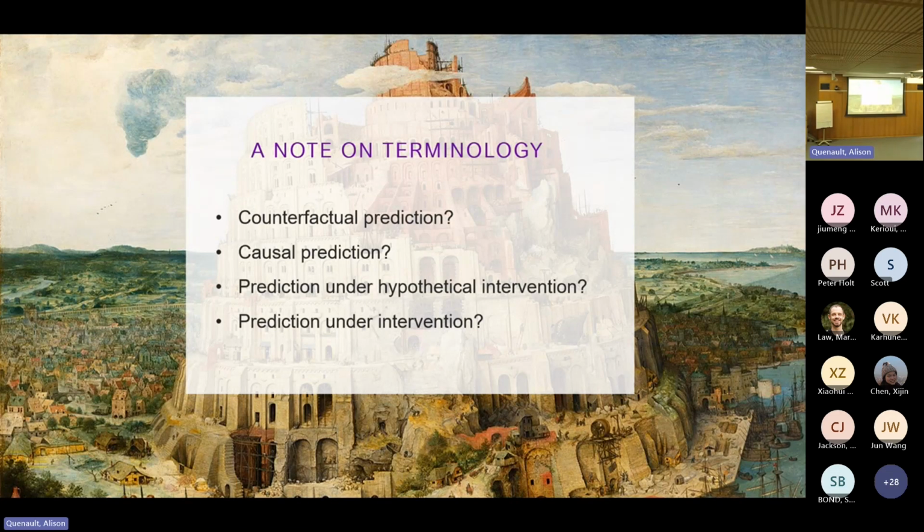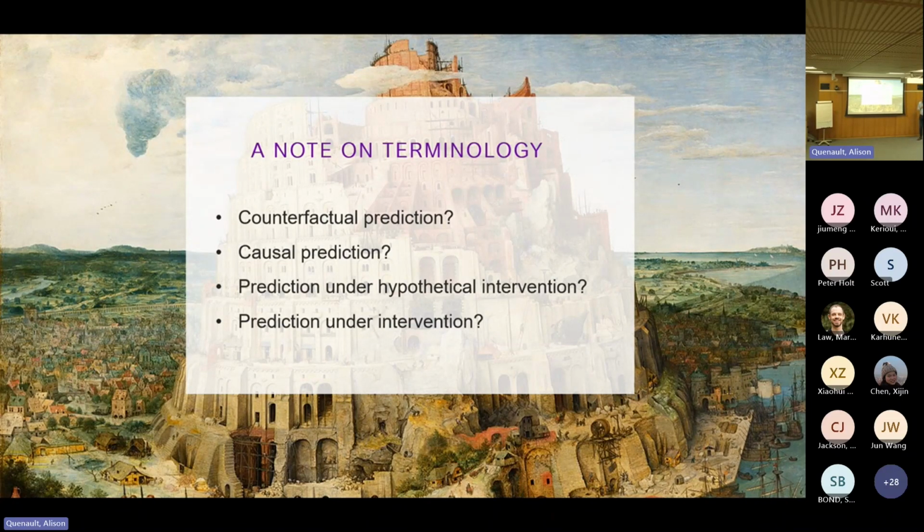But just a note on terminology. At that workshop, we had long discussions about this. So how should we actually call this? I think we started off with counterfactual prediction. That was also the name of that workshop. We then considered, is causal prediction perhaps better, or prediction under hypothetical intervention, which is a term that I've used in the past. And I think we landed in the end at prediction under intervention, which is probably the best way to express what we're trying to do here.